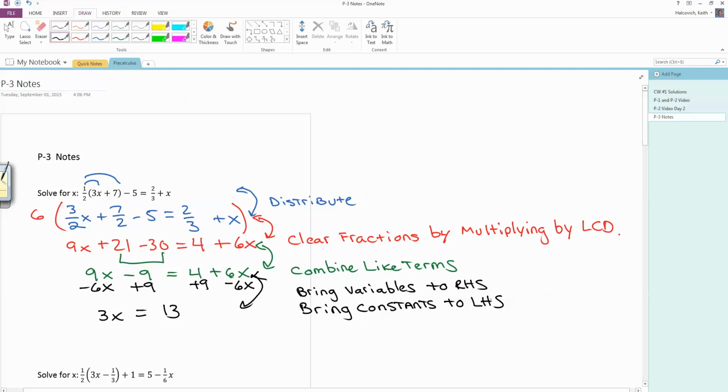Now you don't have to do it that way, but I just like to stay consistent by bringing the variables to the left and the constants to the right. Alright, then we're going to divide by 3 to get x equals 13/3. So the last thing we did was divide.